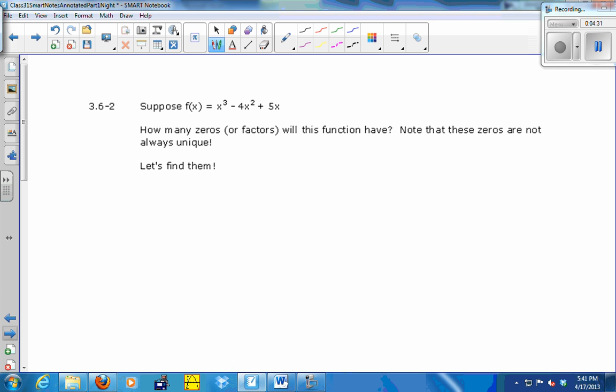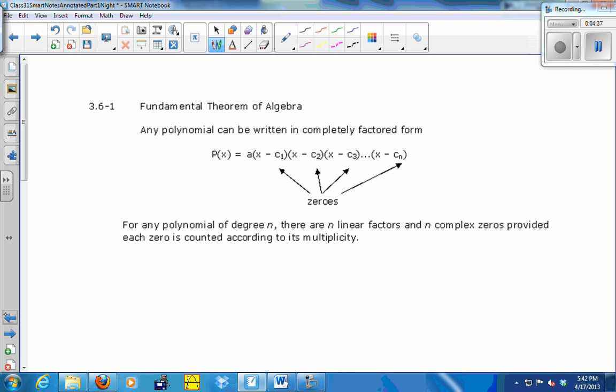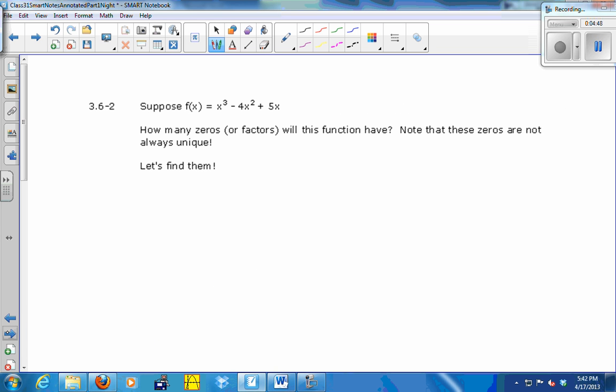Okay, so here we have a cubic: x cubed minus 4x squared plus 5x. According to the fundamental theorem of algebra, it's got degree 3, so how many zeros should it have? 3. Yep. So here we have a 3rd degree polynomial.